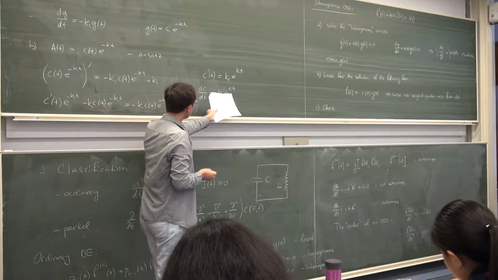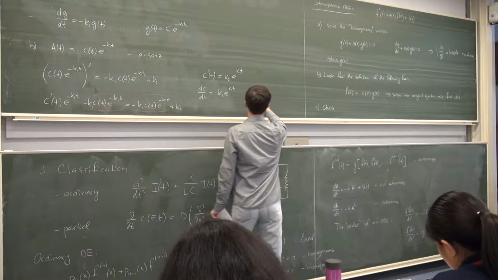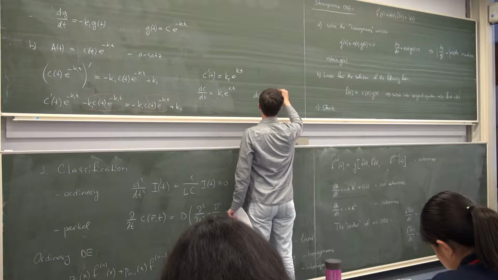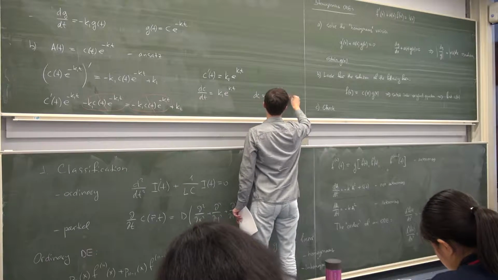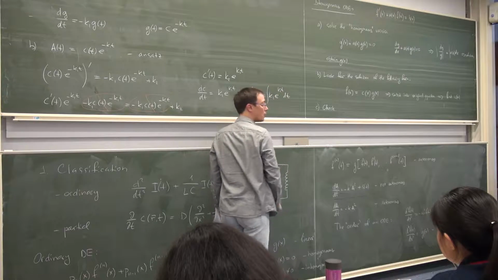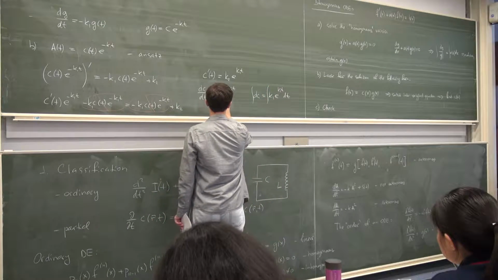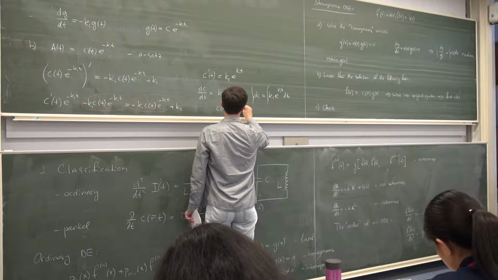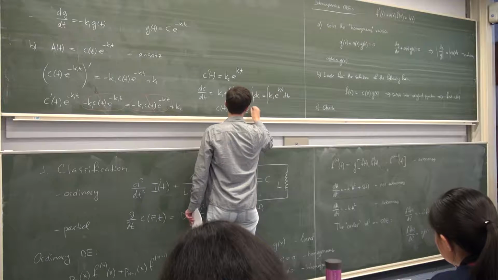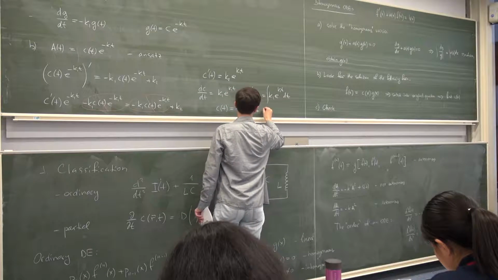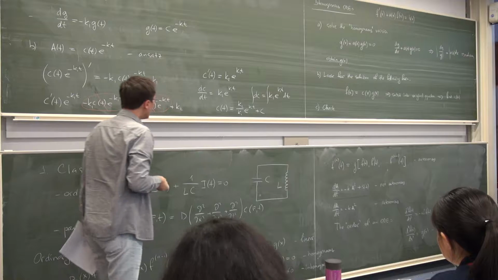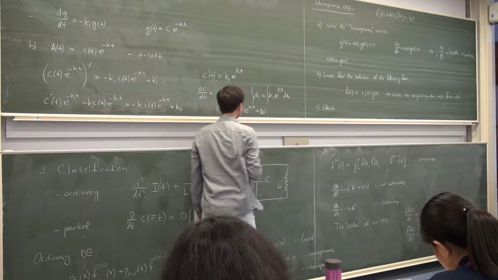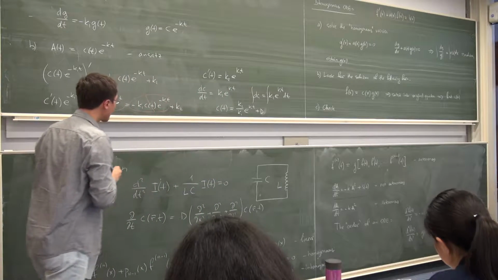Variable separation, so move the dt over to the right-hand side. dc equals k2 e^(k1t) dt. Integrate both sides, and therefore our c of t is k2 over k1 e^(k1t) plus a constant. Let's call it D. It's an indeterminate constant of integration.